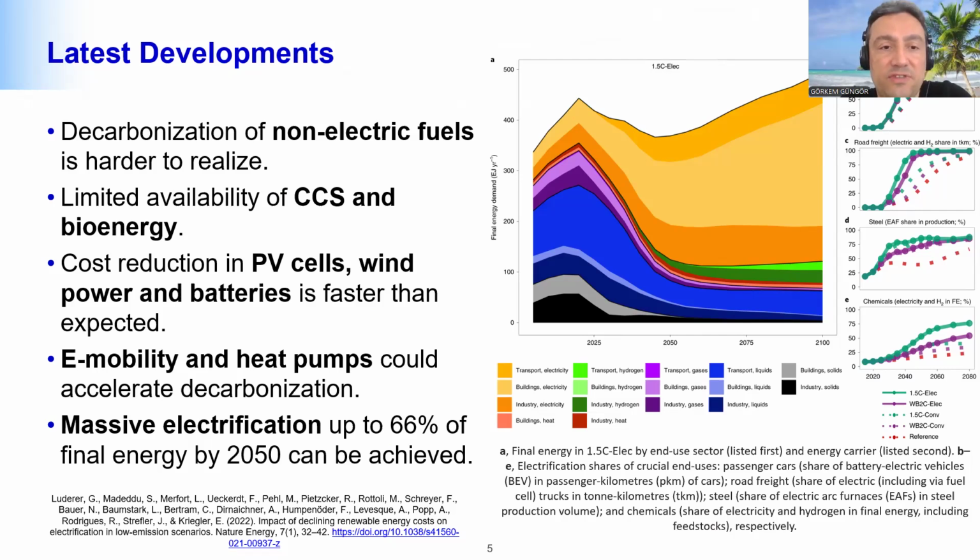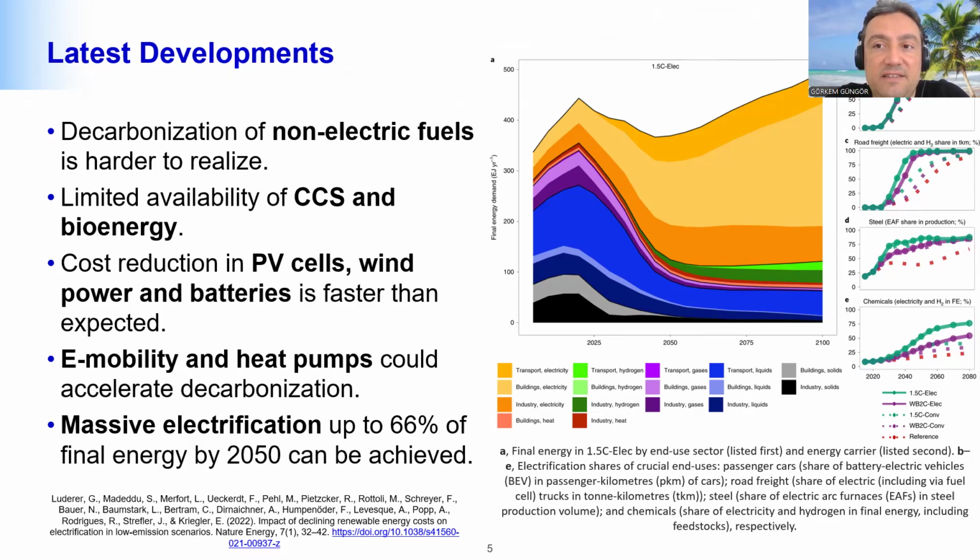There has been cost reduction in photovoltaic cells, wind power, and batteries, but this is expected to be much faster. Although all these mechanisms support decarbonization, this is still not enough to achieve the net zero climate target. So we need electric mobility and heat pumps, which could accelerate further decarbonization.